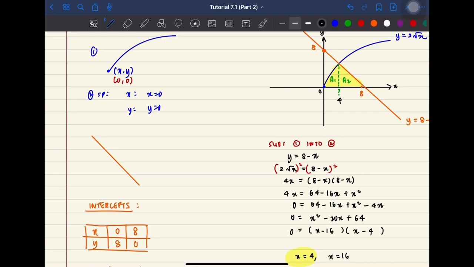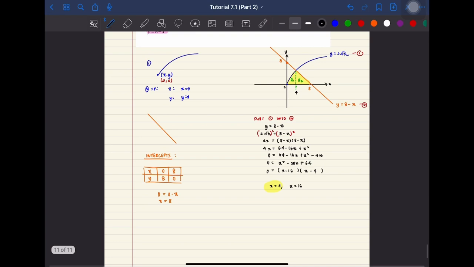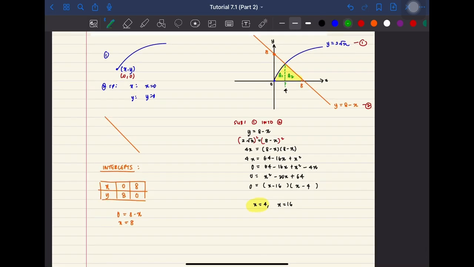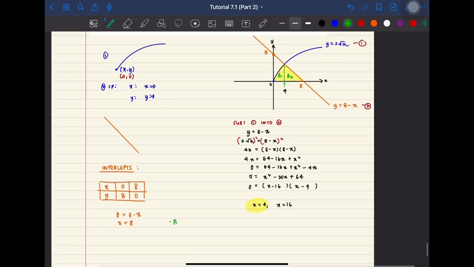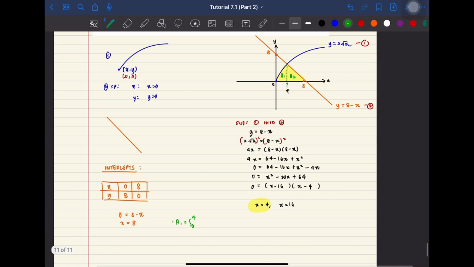So here is 4. Okay, now we can find the area already. So untuk A1, daripada 0 sampai 4. Okay, 0 sampai 4. And then kita pakai dx. So daripada atas, kita pakai function ni.